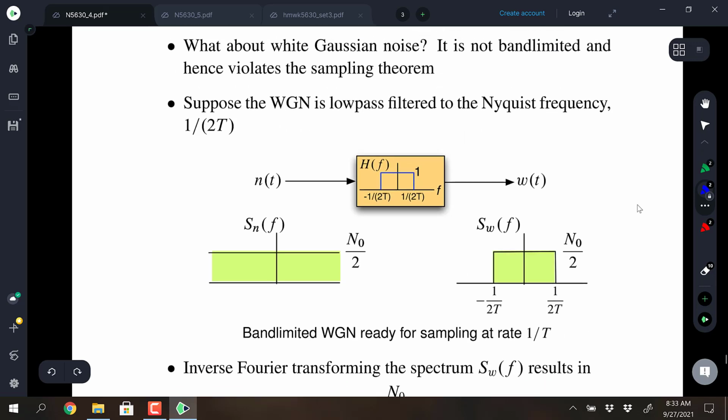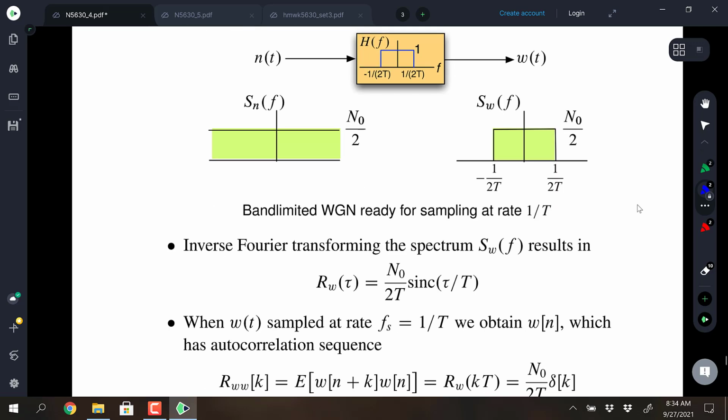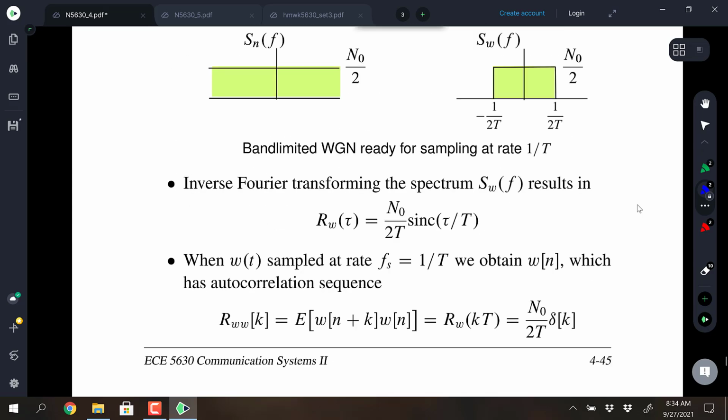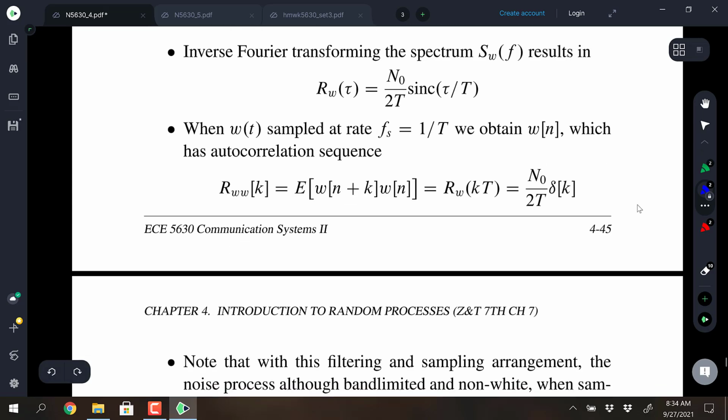Suppose the baseband noise gets filtered by a low-pass filter to the Nyquist frequency, which would be 1 over 2 times the sample spacing. The spectral density in this model would still be N0 over 2, but it's in the Nyquist band. So if we inverse Fourier transform that spectrum, assuming it's flat over that Nyquist band, this is just a simple analysis. It might be varying. It might be rolling off before the band edges in the Nyquist band because you're oversampling, let's say.